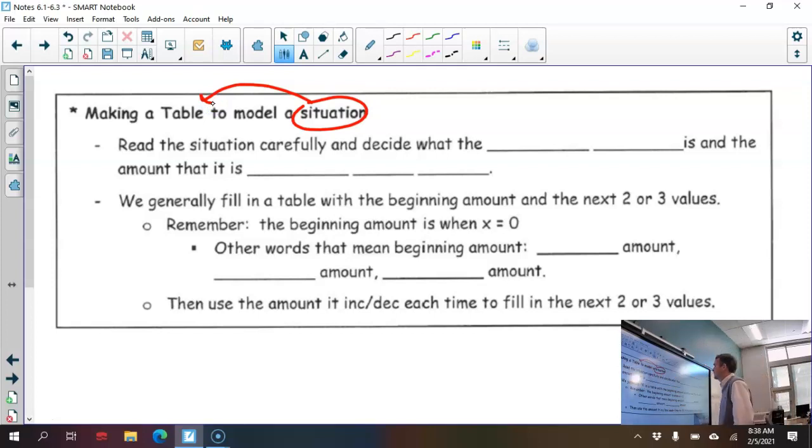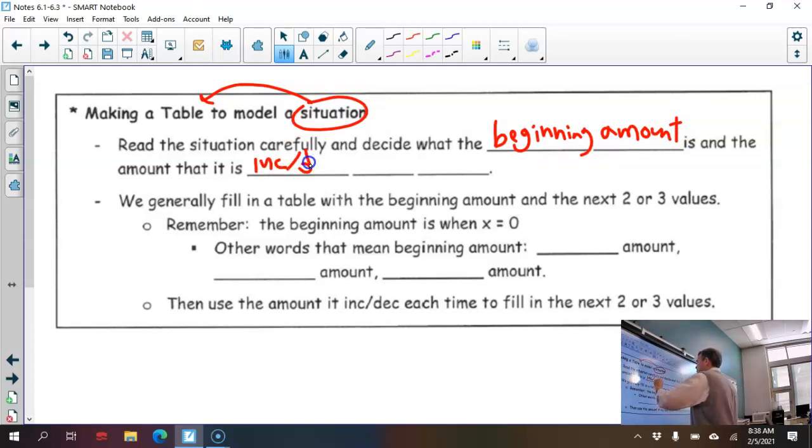Read the situation carefully and decide what the beginning amount is and the amount that it increases or decreases each time. Right? Those are always the two key things in a linear situation. Beginning amount and the amount it goes up each time.